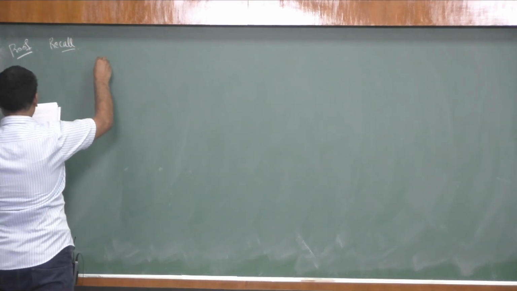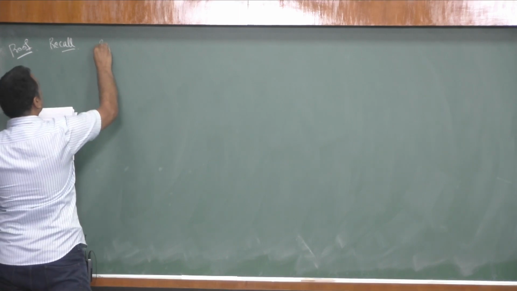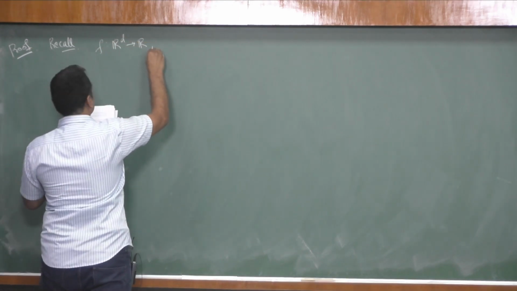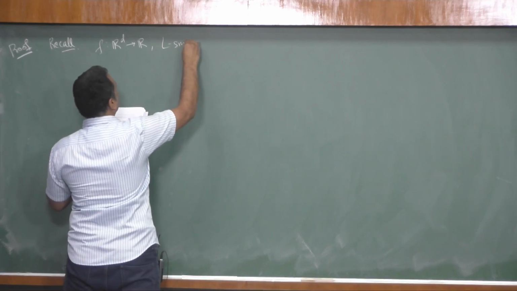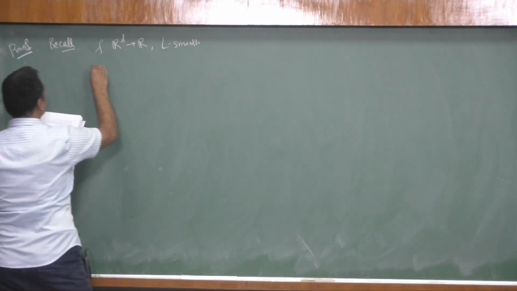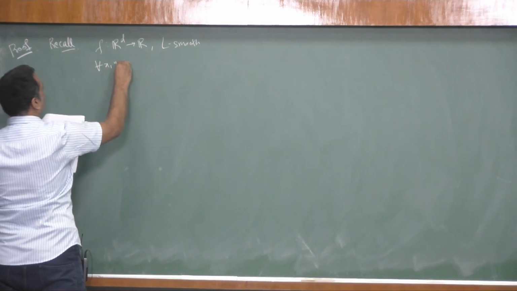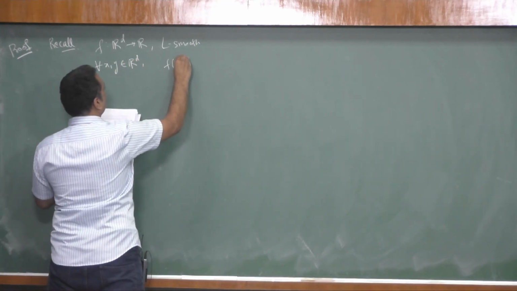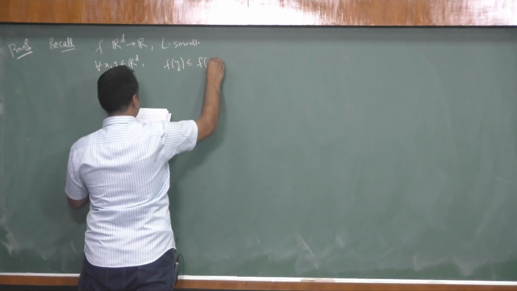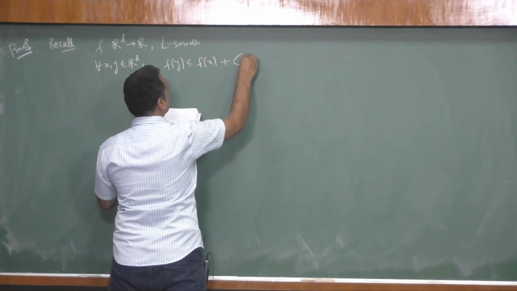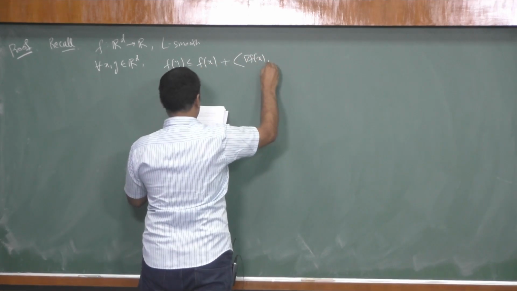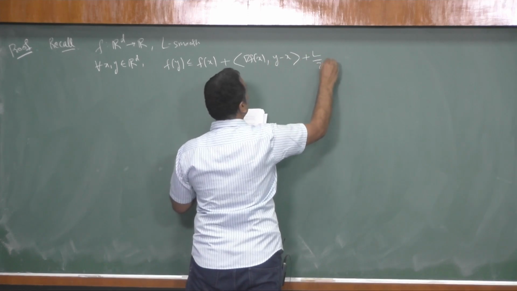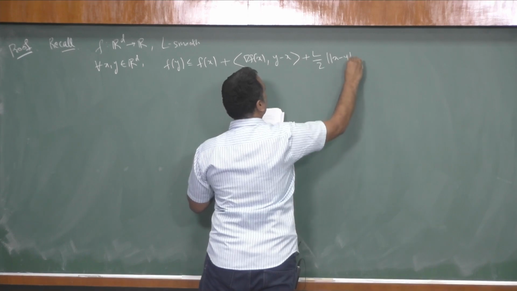So recall that if f from R^d to R is L-smooth, then for all x, y in R^d, f(y) is less than or equal to f(x) plus grad f(x) times (y minus x) plus L by 2 norm of (x minus y) whole squared.